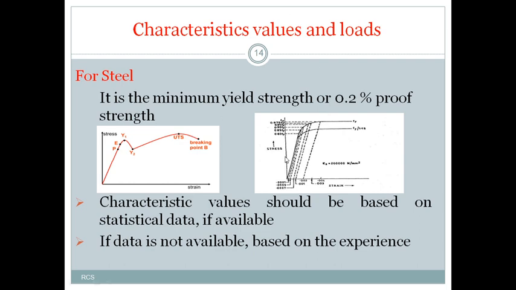Here I will take a graph from IS 456-2000. This is the strain and the stress for HYSD bars, or high yield strength bars. Here we have 0.002, which means 0.2% of strain. If I draw a line parallel to the actual graph, it will intersect the graph here. So this line represents the line corresponding to 0.002 strain, or 0.2% strain, right?